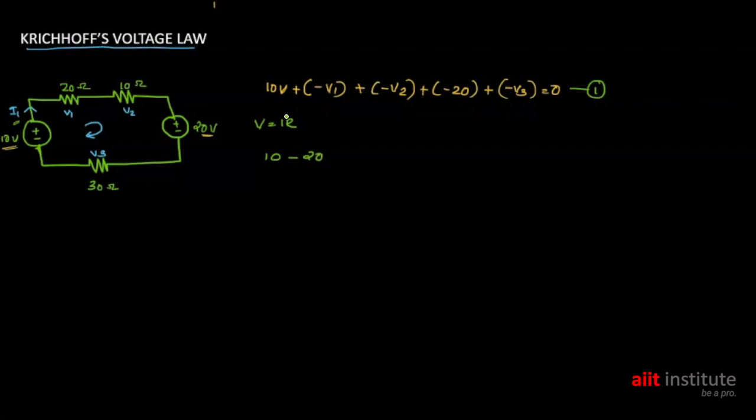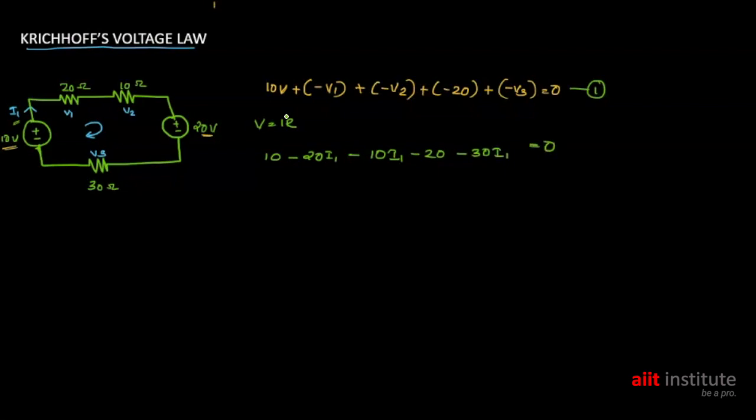So we know the value of resistance and current also. So 20 into I1 minus V2, voltage drop across 10 ohm. So 10 into I1. The components are connected in series, so the current value is also the same, minus 20 minus 30 I1, which is V3, equal to 0.